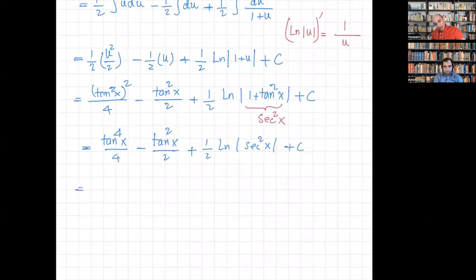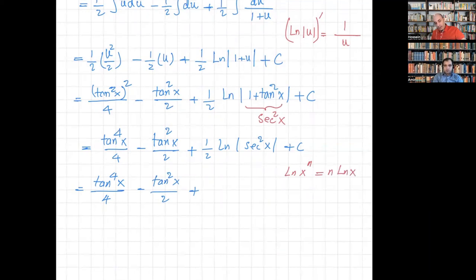And then just bear with me one more line. So tangent to the fourth divided by 4, minus tangent squared of x divided by 2, plus, based on the property of the natural logarithm, if you have ln of x to the n, you can write it as n ln of x.